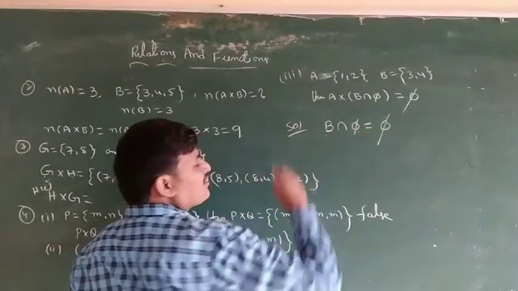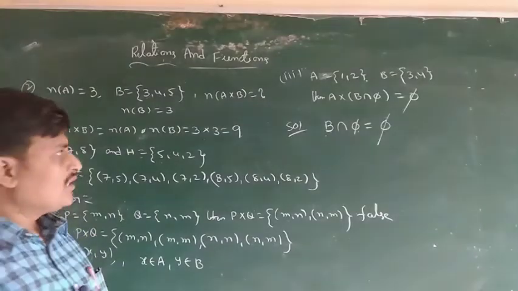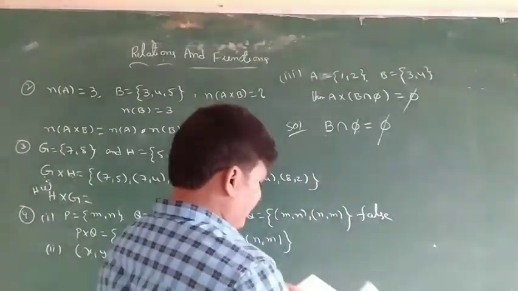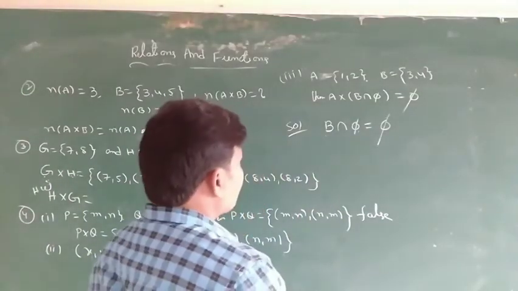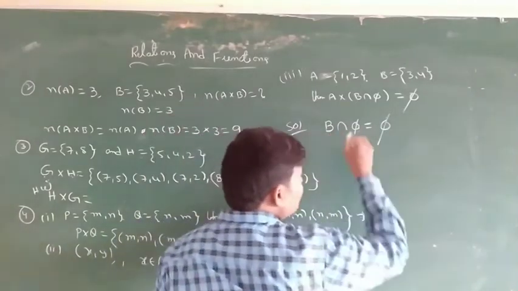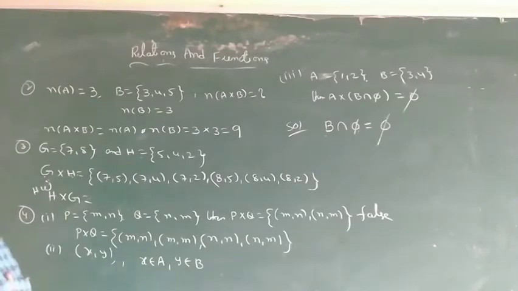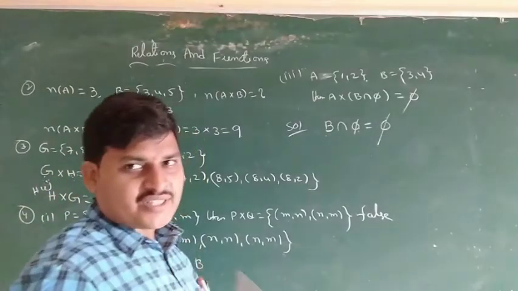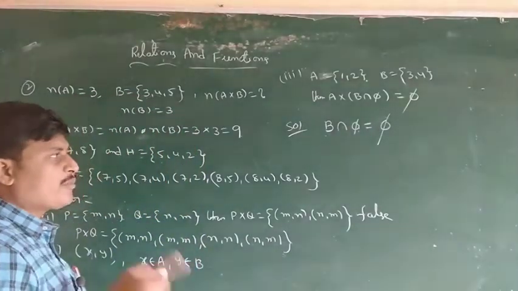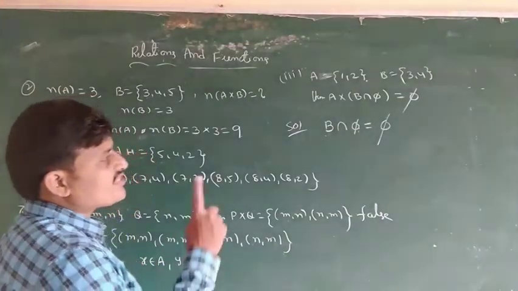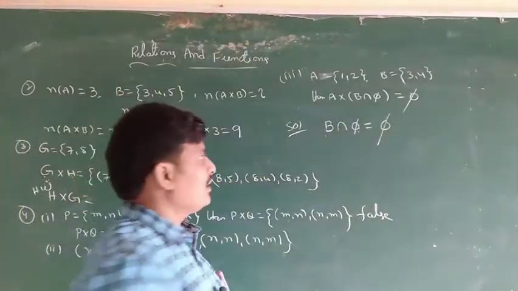If any one of the sets is empty, then the cross product is also empty. So B intersection pi is equal to pi, by the properties of intersection and union.